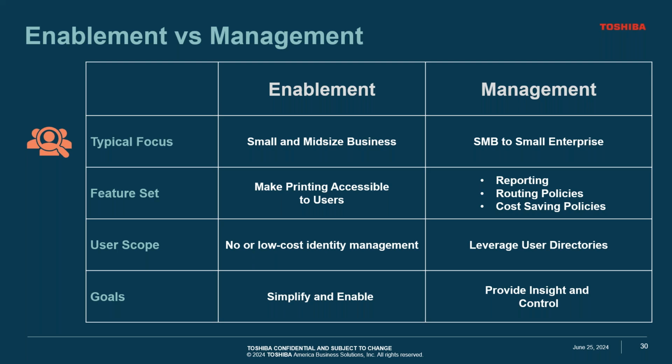But from an enablement point of view, the typical organization is really a small to mid-sized business. Now, that SMB to small enterprise size business may have some additional requirements aside from enablement. So we do see those more in terms of the management solutions. But for the SMB space, enablement components and products work really well in these different cases.